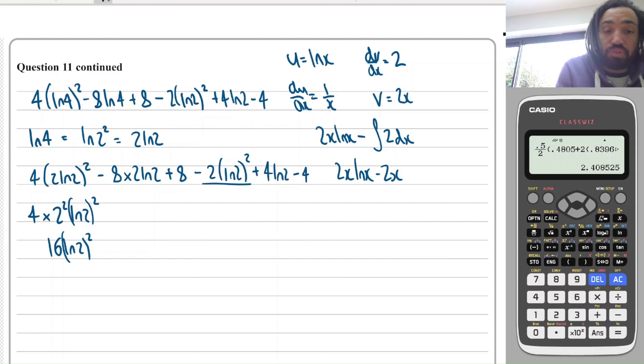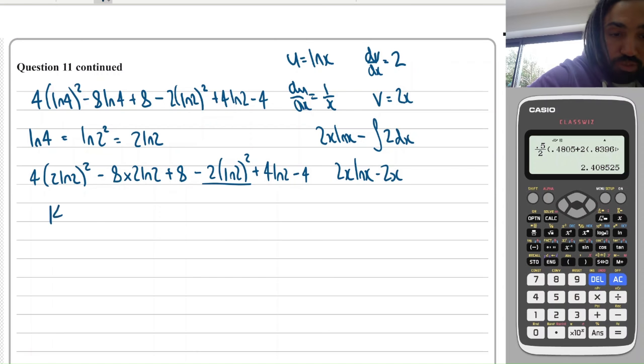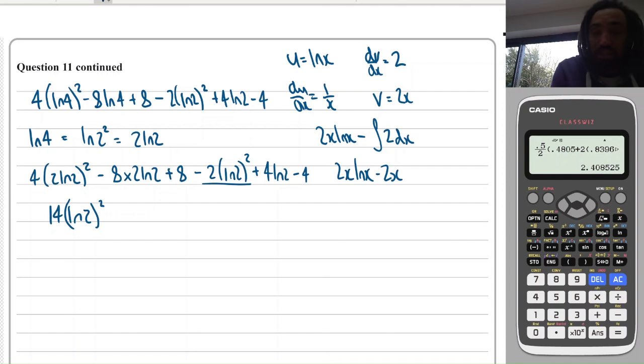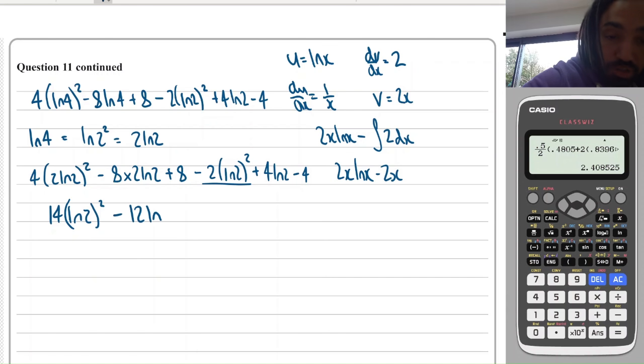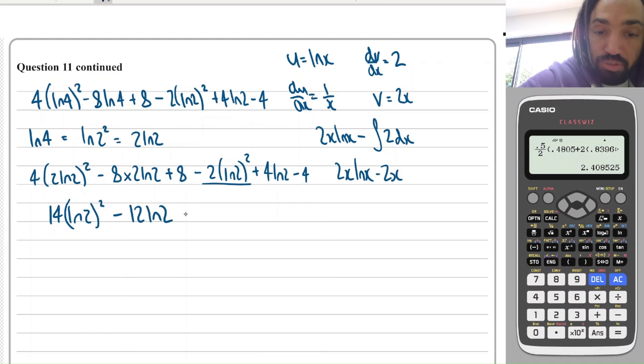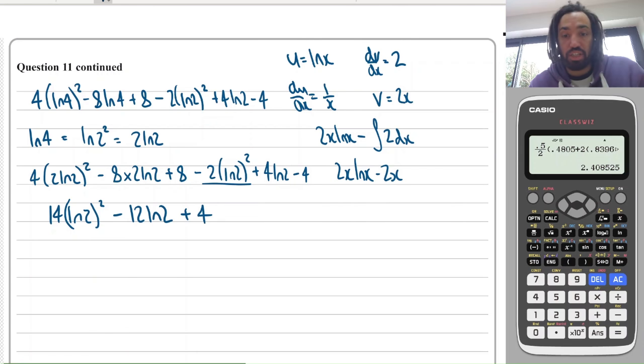So overall I've got 14 ln 2 squareds. Now let's look at the ln 2's. I've got minus 8 times 2, which is minus 16, and plus 4, so that's minus 12 ln 2's. And the constants, I've got 8 and minus 4, which is just plus 4. And I think that is done.